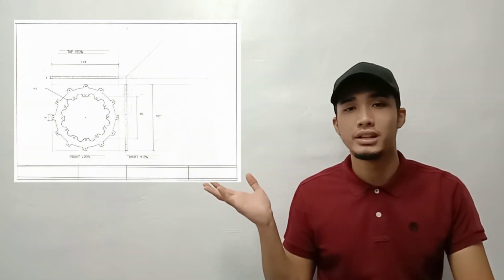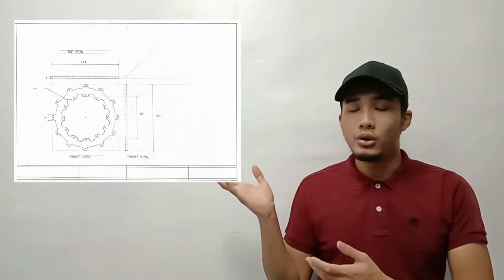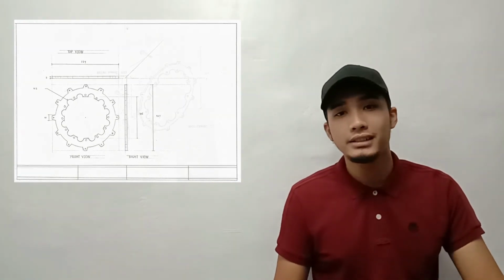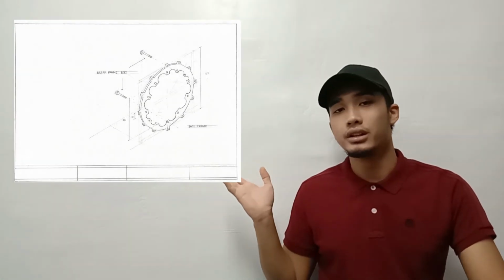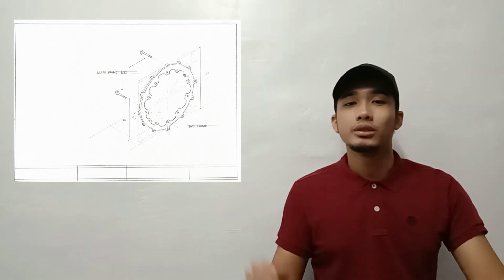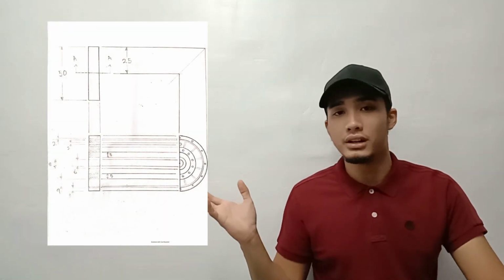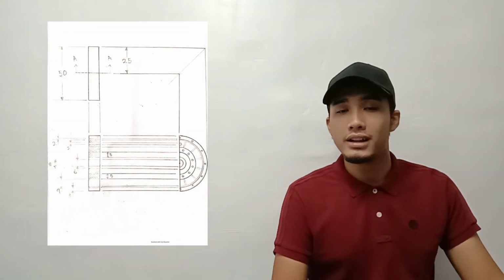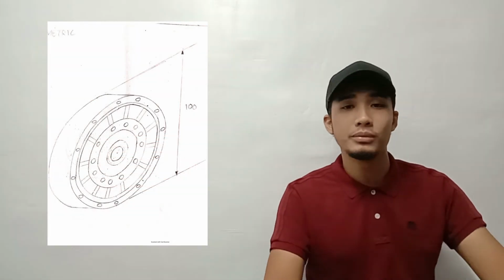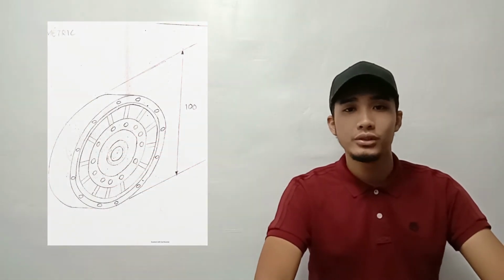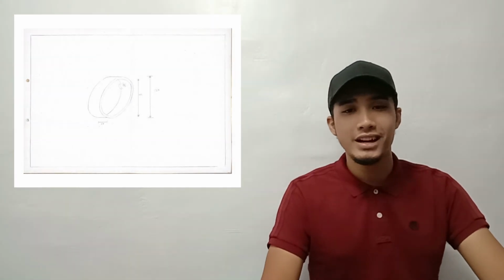As you can see, this is the orthographic view, and next this is the isometric view. Okay, next this is the top flange, the orthographic view, and next is the isometric. And the last picture is the expanded tube, and this is the orthographic, and next is the isometric.